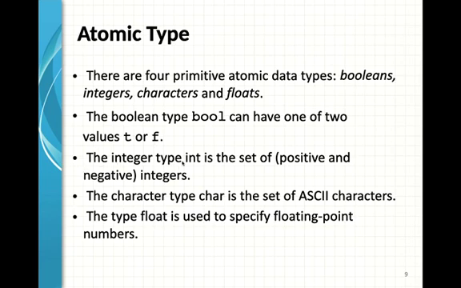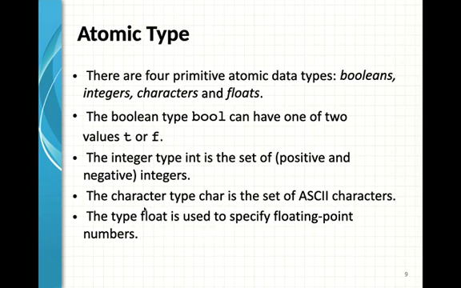Now the integer type, int, is the set of integers. What are integers? They are whole numbers, like 1, 2, 3. They may be positive or negative, like minus 3 or 3, but 3.5 is not allowed here, 4.7 is not allowed, that is, floating point is not allowed here.